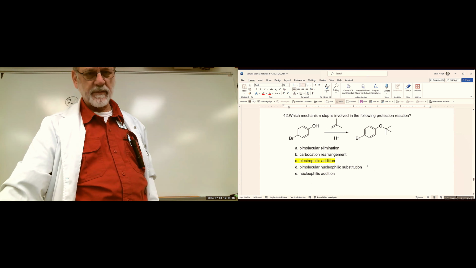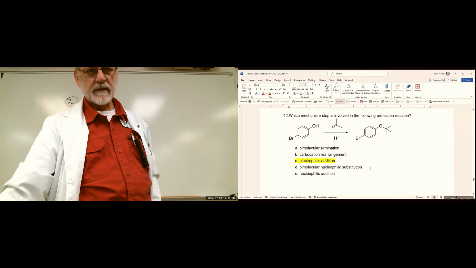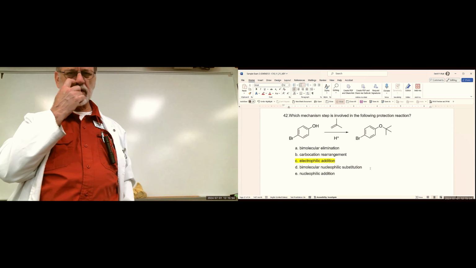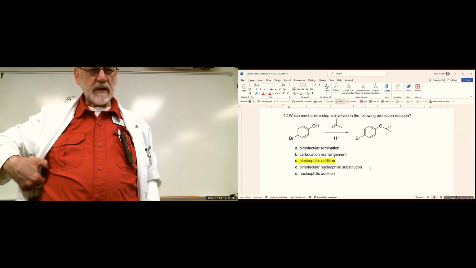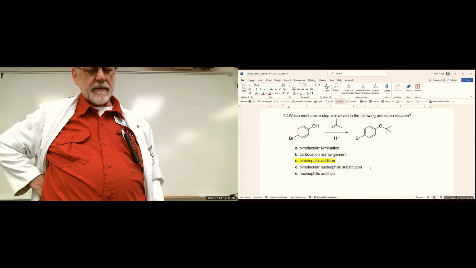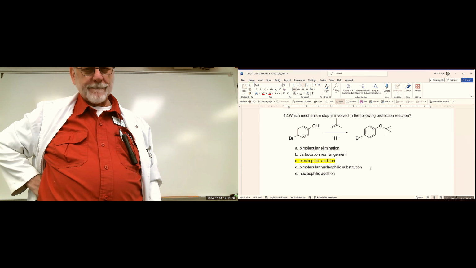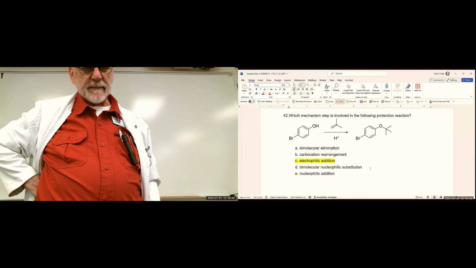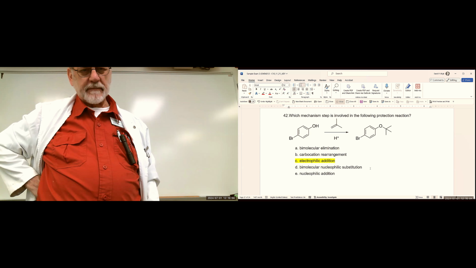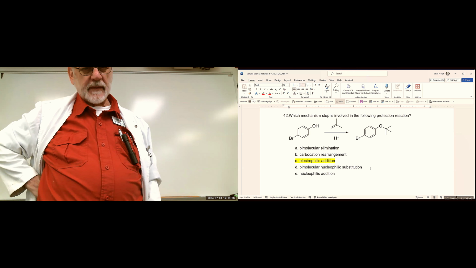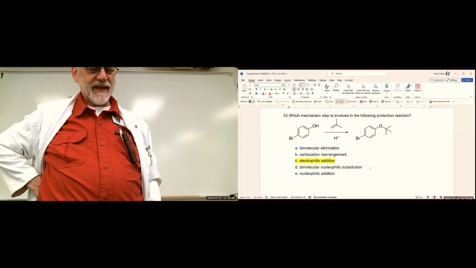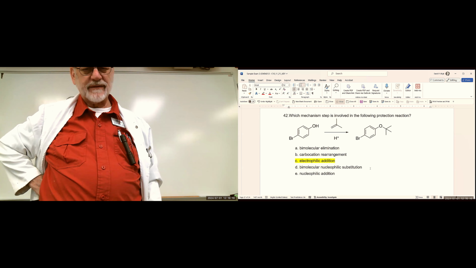All right, let's keep on moving on. 42 is our last one. Okay, which mechanism step is involved in the following protection? Bimolecular elimination.